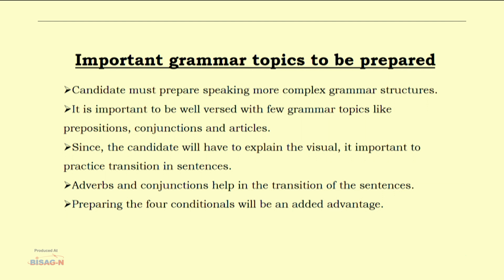Second, we had the compound pattern. Third, we had the complex pattern. And last but not the least, we had the compound and complex pattern. So these are the 4 grammar structures that the candidate is expected to use when speaking.